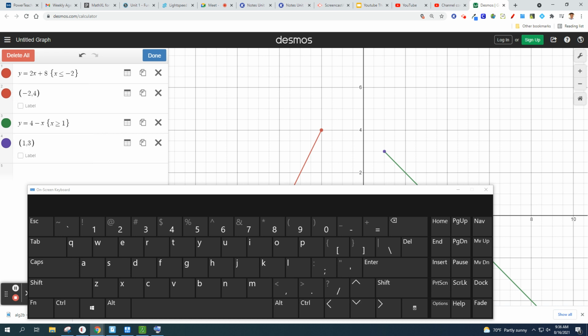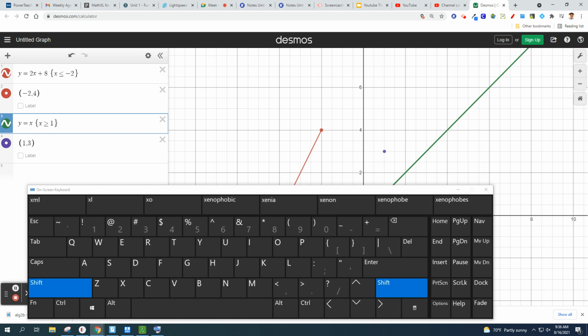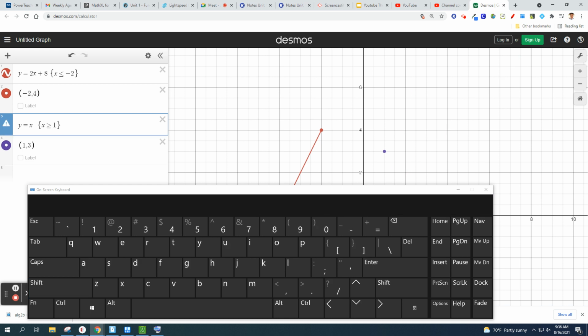Then this one was x squared. I can do a shift 6 for my caret 2, x squared, but I wanted x is greater than -2. And this purple point right here is at the same place. It's at -2, 4 again.